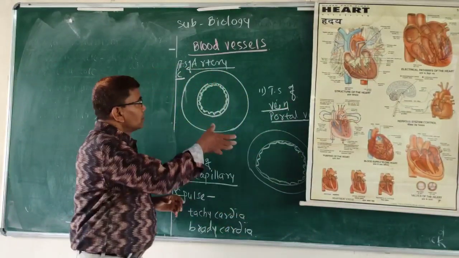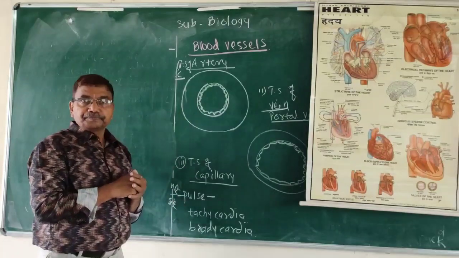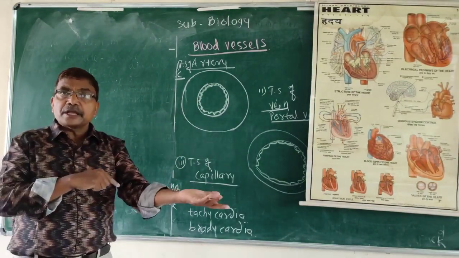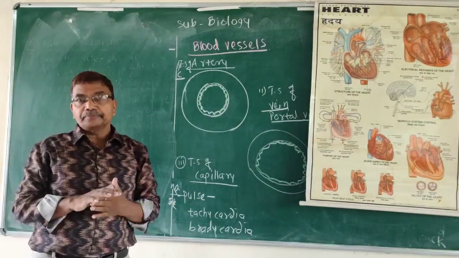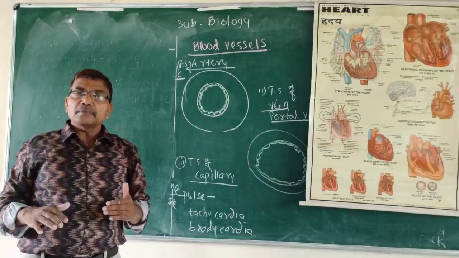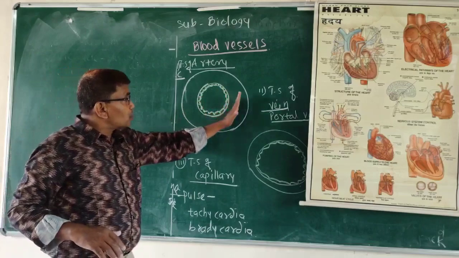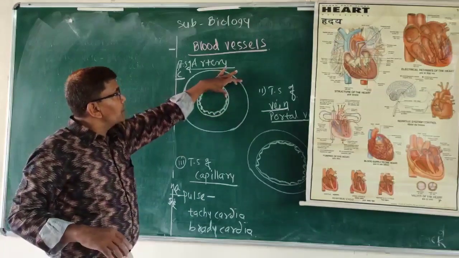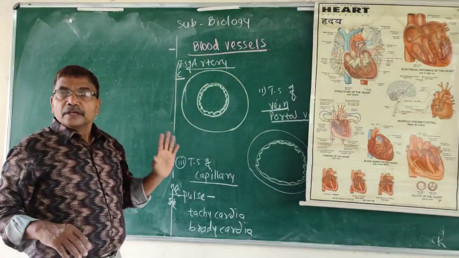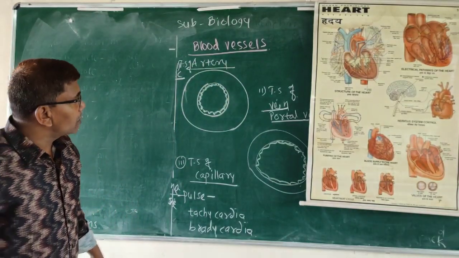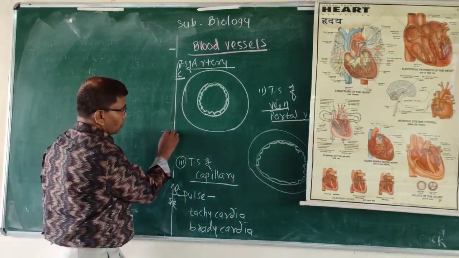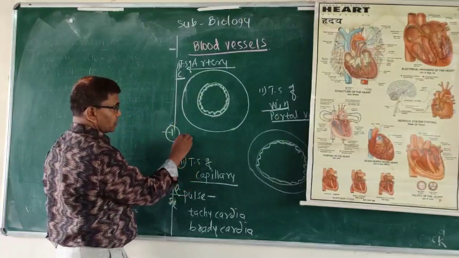Blood forcefully enters these arteries, that's why they are thick walled. These arteries are present in the deeper part of the body. In the artery, blood flows under high pressure. That's why histologically the artery is thick walled. Histologically, arteries and veins consist of three layers.